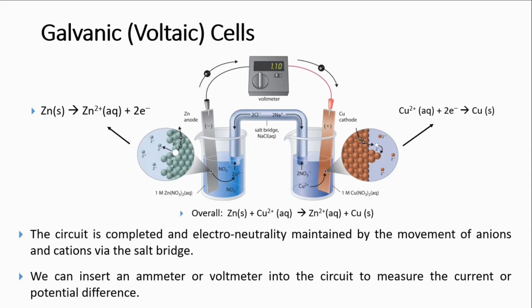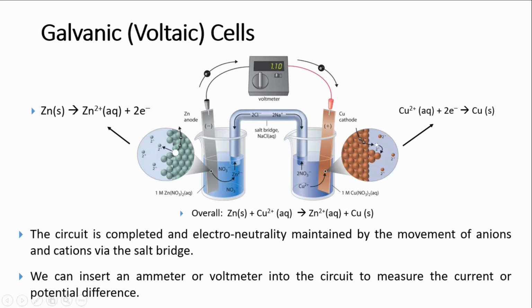Let's say we have a galvanic cell arranged where we have copper metal, which is on our right, immersed in a solution, let's say copper nitrate solution. And then on the left, we have a piece of zinc metal immersed in something like zinc nitrate. And we have to use what we call a salt bridge, and I'll explain why the salt bridge is of any importance at all.